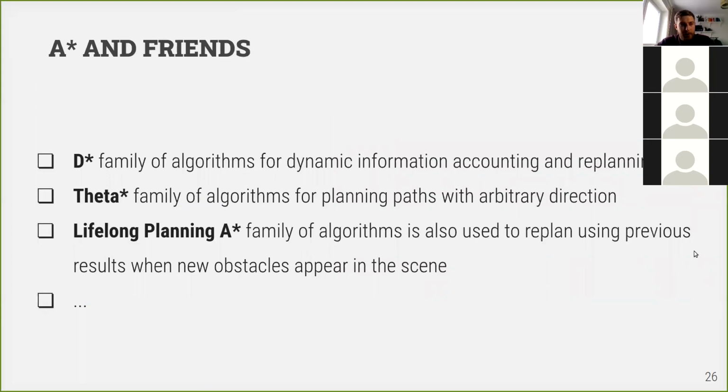Since A star is a really simple but powerful algorithm, there are many configurations and modifications of A star, and there is a whole family of algorithms which broaden the idea of A star. For example, there is the D star algorithm, or even it is not an algorithm, it is a family of algorithms which can take into account dynamic information and replan paths according to dynamic information.